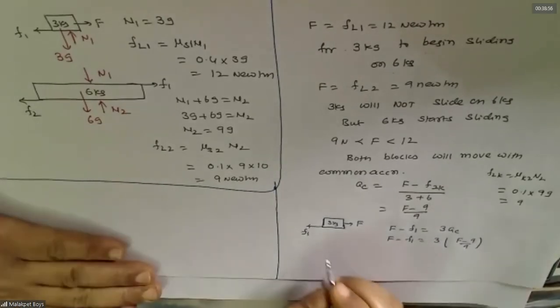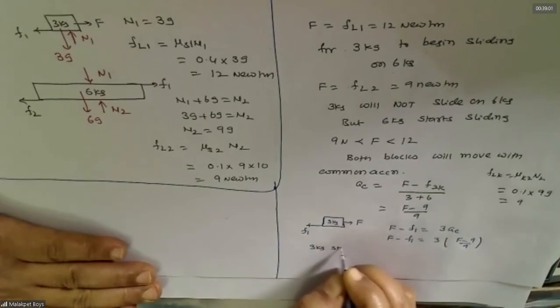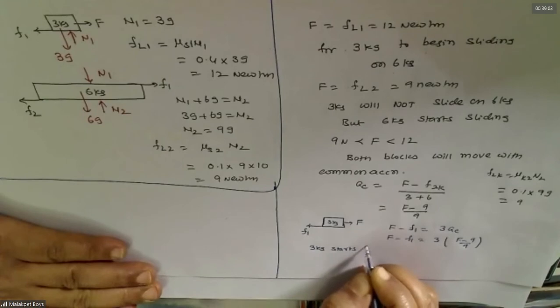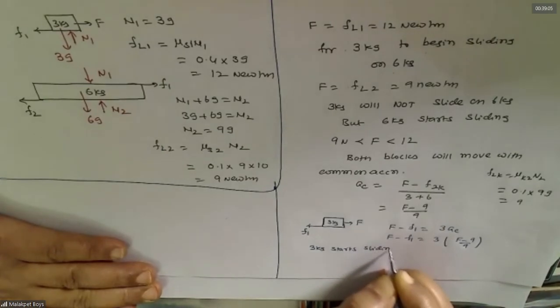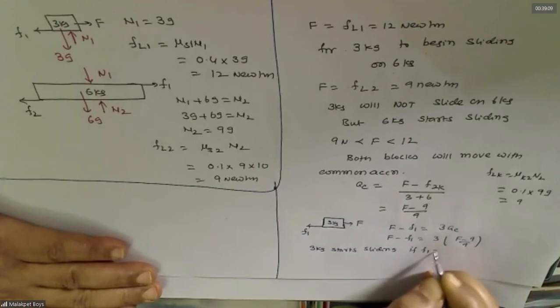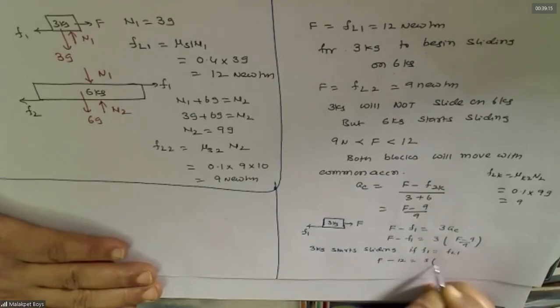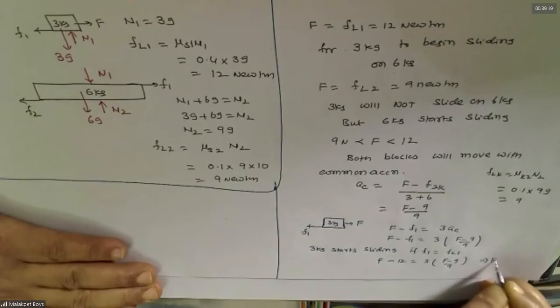Now, when will the 3 kg slide? If F is greater than or equal to 12 newtons, greater than the limiting friction. Okay, what is FL1? You will find F.